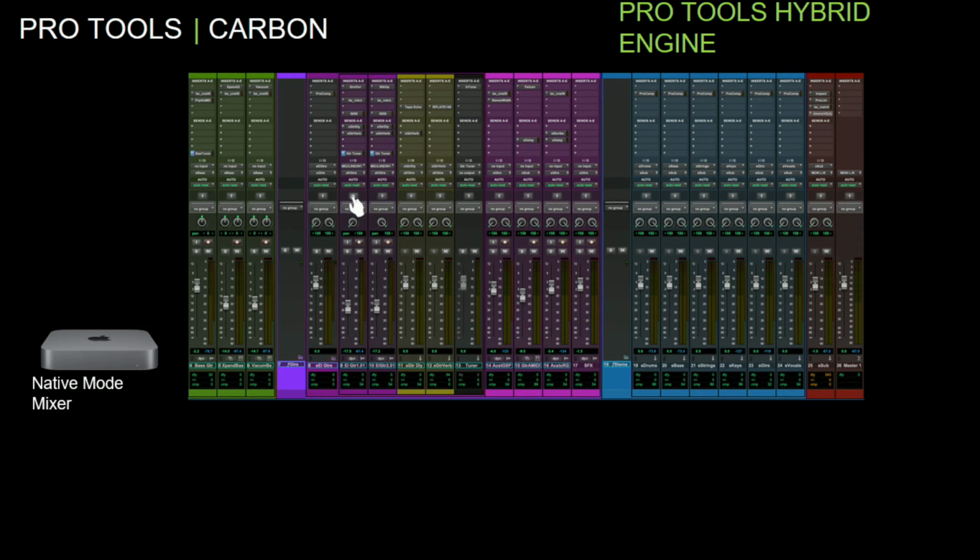So what we see here is the Pro Tools mixer running on the native CPU.